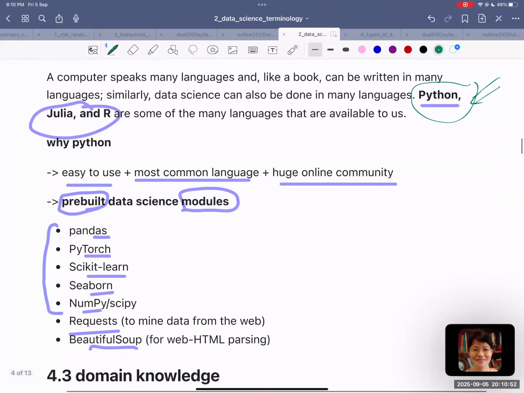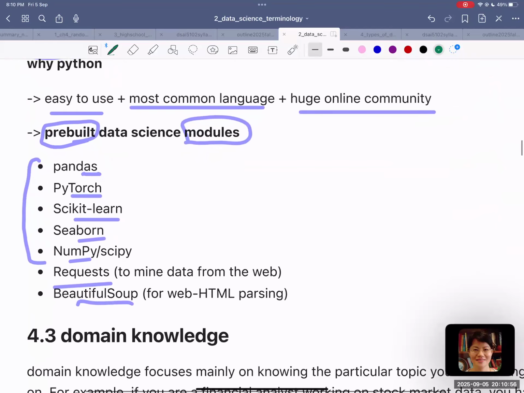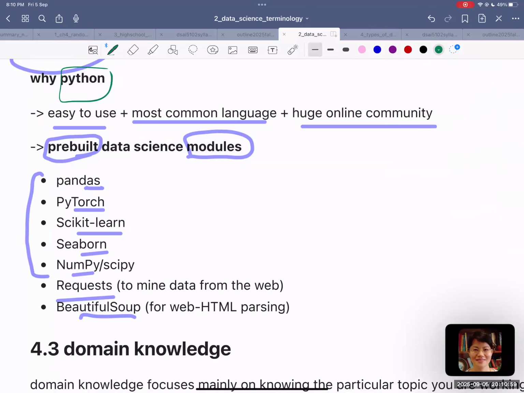Next one here, why Python? Here I just want to say, we say plus, plus. So number one, easy to use. For example, you can use Colab. It's slow but stable. Next one, most common. Everybody can learn that.